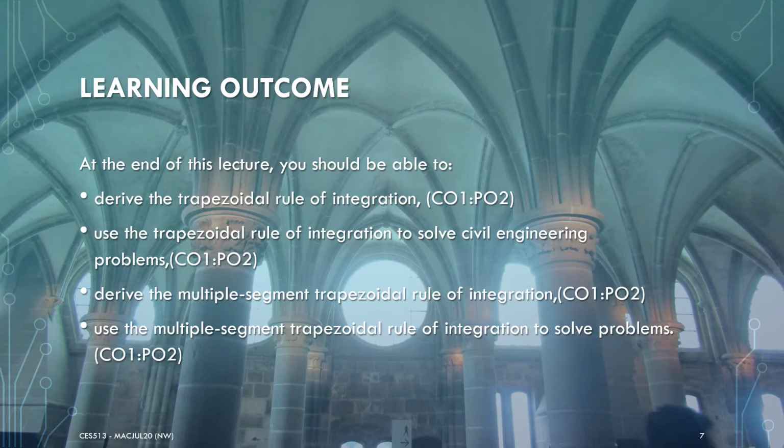Use the trapezoidal rule of integration to solve engineering problems, also covering CO1 and PO2. 3. Derive the multiple segment trapezoidal rule of integration. And 4. Use the multiple segment trapezoidal rule of integration to solve problems, covering CO1 and PO2.